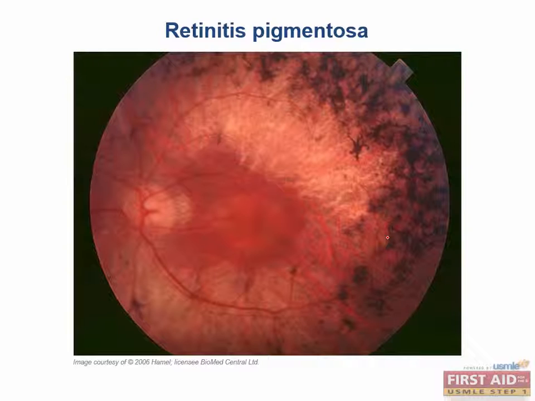Retinitis pigmentosa is one of the most common inherited forms of blindness as a result of retinal degeneration. Now, although there are many different gene mutations that can result in the retinitis pigmentosa phenotype, this disease typically affects rods first. And that is why patients typically present with loss of night vision. In fact, loss of night vision is usually a very good clue to point you towards retinitis pigmentosa on the board exam.